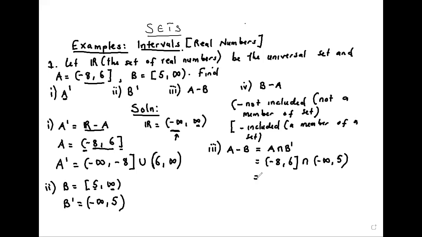Let's use the shortcuts. Yesterday we said, if you have an intersection in between and there are intervals, you check the first entries. You check -8 and -infinity.